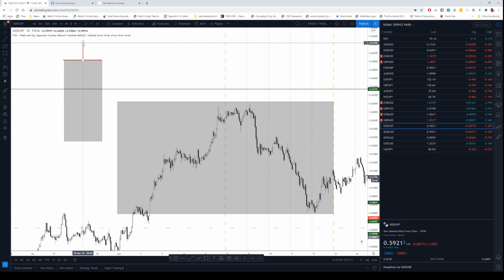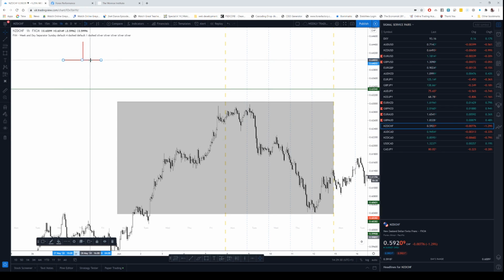This week will be either Monday, Tuesday going up, like here. And then Wednesday, Thursday will bring the body of the weekly candle.